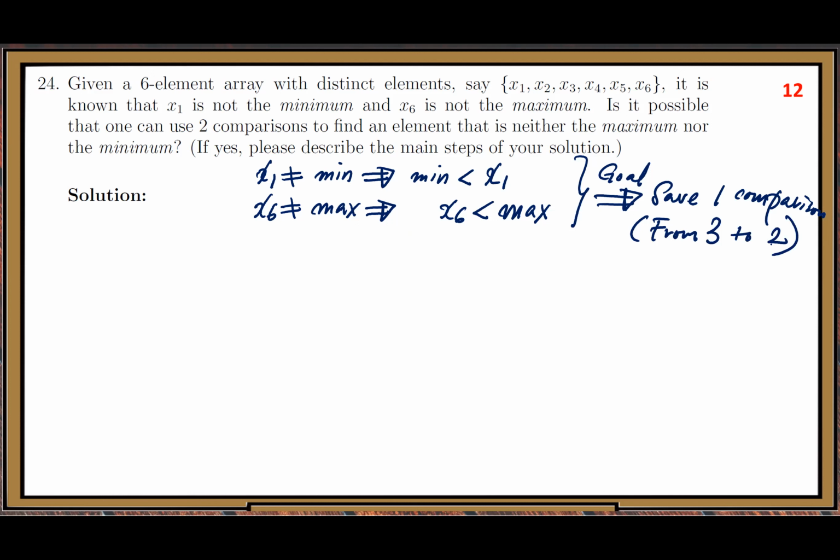Without the given information, we have a 3 comparison solution. So you need to have that background. So why 3? Some of you may know why 3 comparisons.